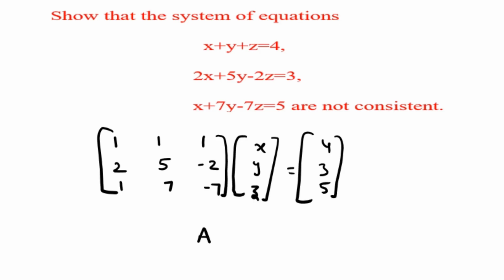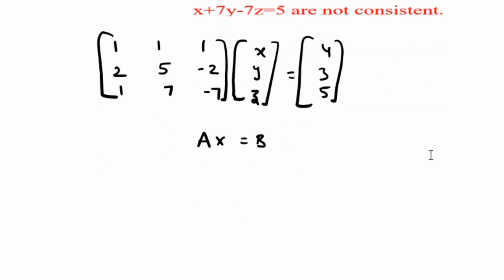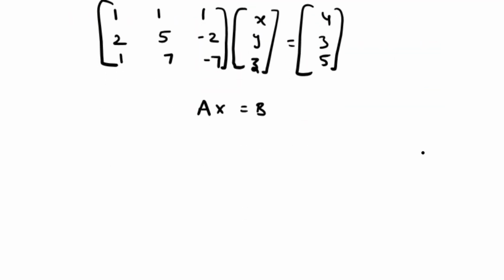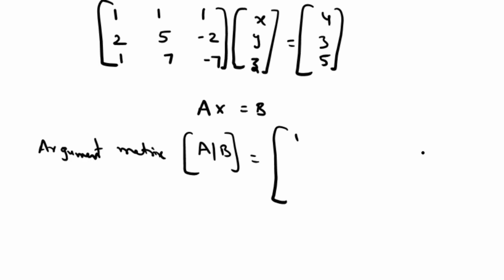This is AX equals B. Now we can write the augmented matrix, which is 1, 1, 1, 4; 2, 5, minus 2, 3; 1, 7, minus 7, 5.